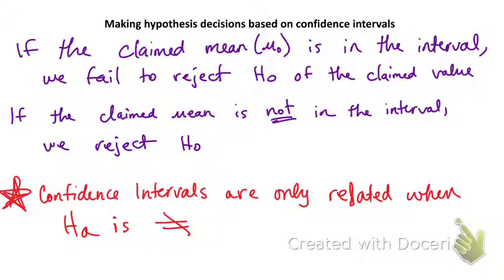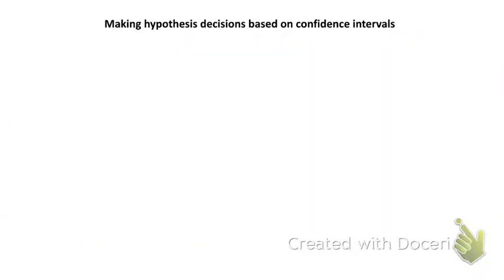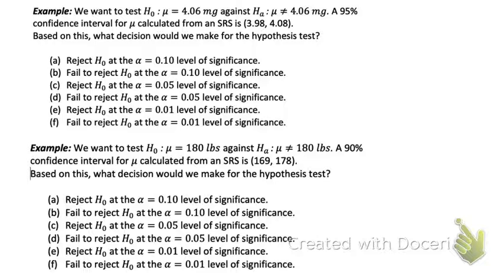And if your confidence level is 90%, what's your alpha value? 10% or 0.1. I'll give you about a minute, maybe two, just so you can read the next two multiple choice questions on your paper. You got this. Once you have your answer, check with your neighbor.